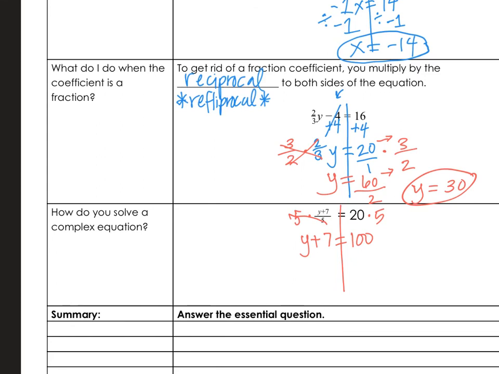So my constant is 7, and it's being added in this equation. So in order to get rid of it, I can subtract 7. And these are going to cancel out. Now on the left-hand side, I have y by itself. And on the right-hand side, I have 93.